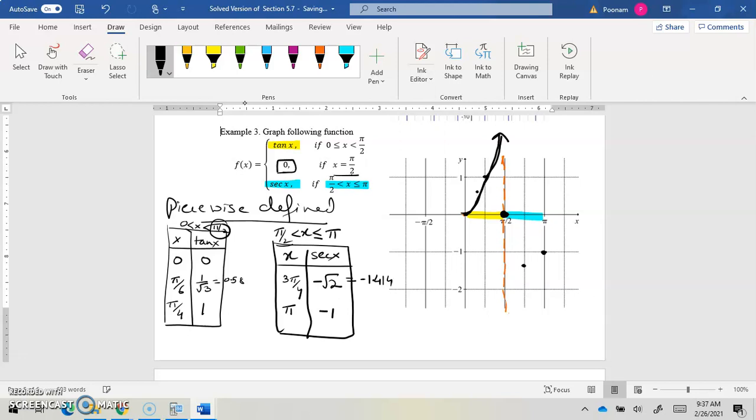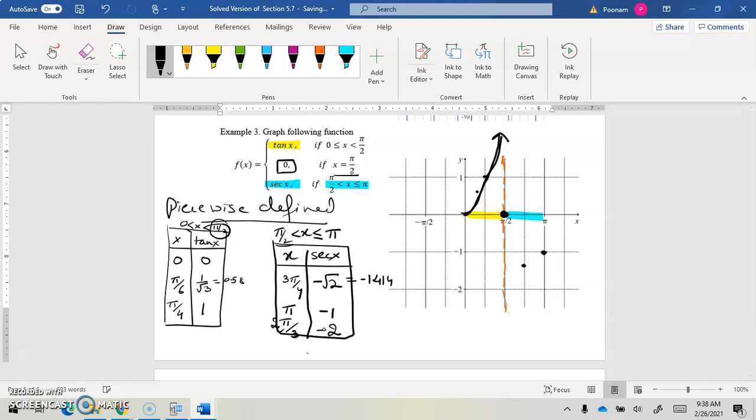At pi by 2, the function is not defined. And what about at pi by 6? No, not pi by 6. We don't have pi by 6. What comes after pi by 2? Let's say 2 pi by 3. At 2 pi by 3, cos is negative half.